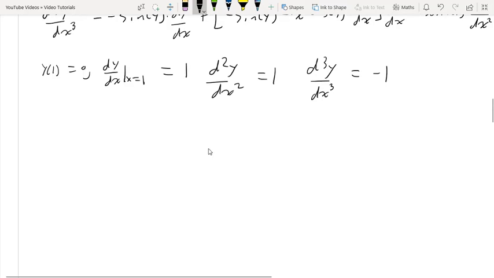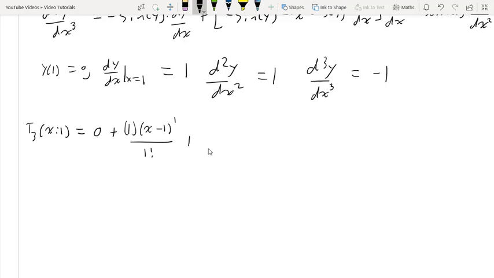So the third Taylor polynomial about x equals 1 is equal to our first term, which is 0, plus 1 times x minus 1 to the 1 over 1 factorial, plus 1 times x minus 1 squared over 2 factorial, minus x minus 1 cubed over 3 factorial.